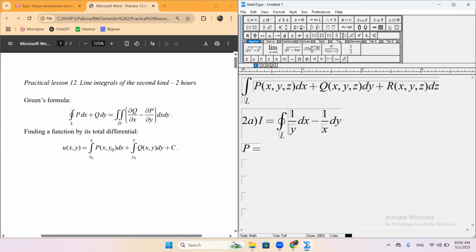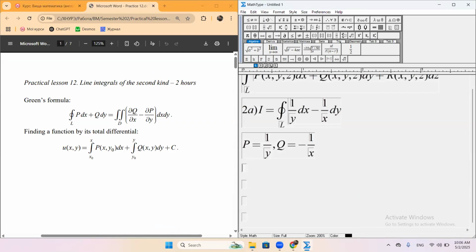So let's write down first of all the functions. P equals 1 over y, Q equals minus 1 over x. Now we need to differentiate. So dQ by dx equals 1 over x squared.